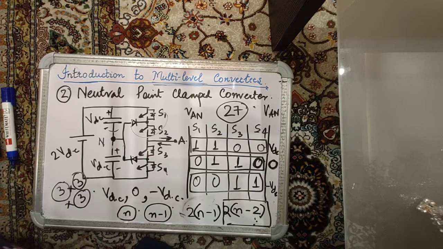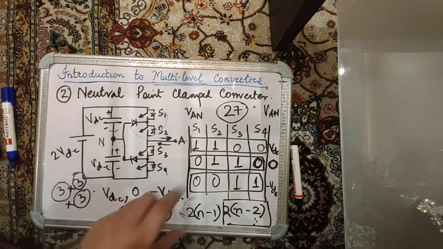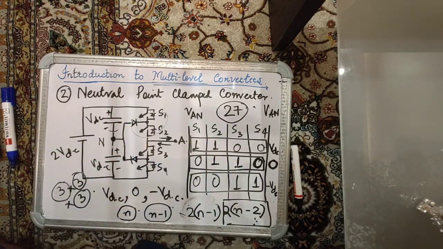That's the beauty of multi-level converters, that you have a very high number of switching states. And when you have a high number of switching states, you have a higher degree of freedom. You have a higher possibility of controlling things. It's the same with the neutral point clamp converter also, that to get a 3-level output, you have 27 possible switching states. And in the next lecture, we will do the space vector diagram with those 27 switching states.